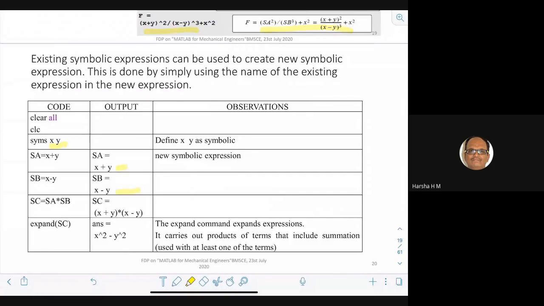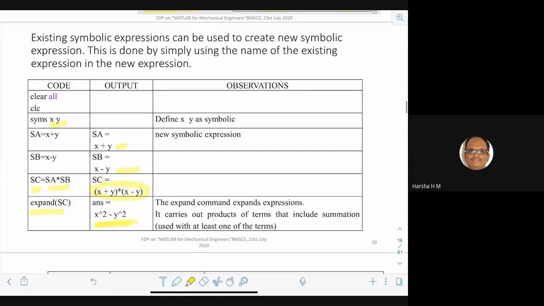So when you say SC is equal to SA into SB, remember it is x plus y into x minus y. But if you say expand, automatically these expressions are multiplied and you get the final form. You know, a plus b into a minus b is a square minus b square. In the same way, x plus y into x minus y will be x square minus y square. That means the expand command will give you the expanded version of this.